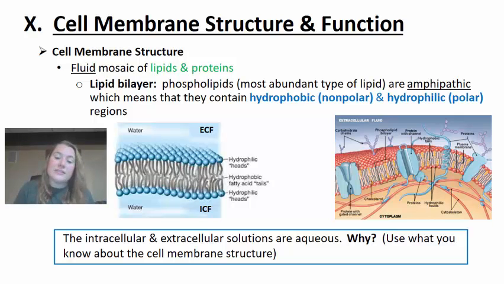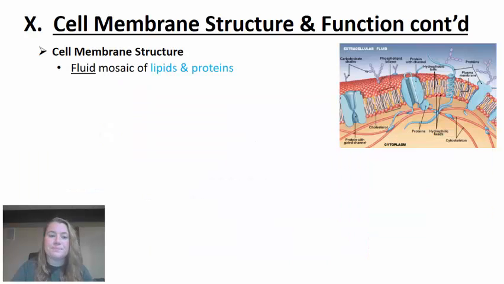Now this makes sense because water is polar, and polar substances don't mind being around other polar substances. And non-polar substances do everything they can to get away from those polar substances. And this arrangement is actually what allows the cell membrane to be selectively permeable. And more on that in just a moment.